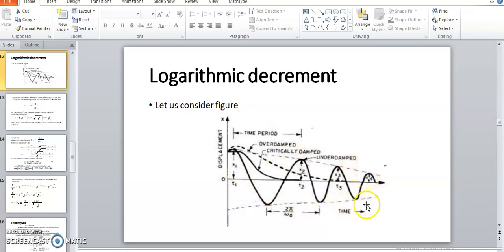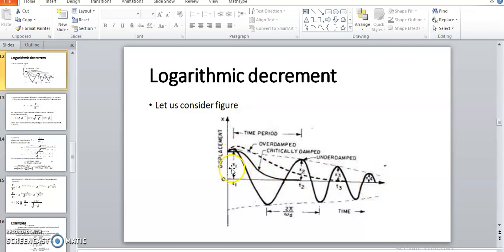Suppose we consider a pendulum example. That pendulum comes to its equilibrium position, or stops, after completing a certain number of cycles or after a certain time. If you plot it on this time displacement plot, it will appear like this.